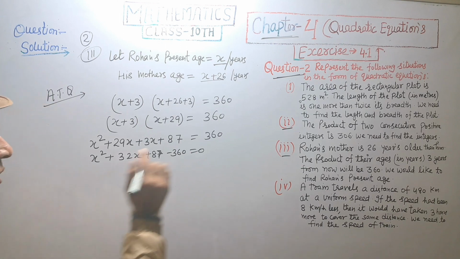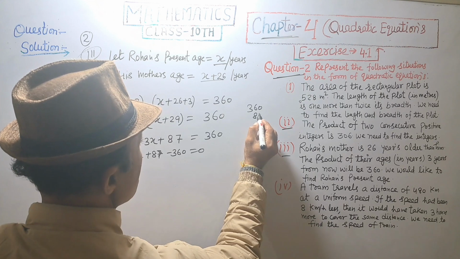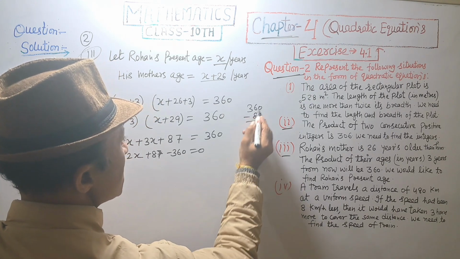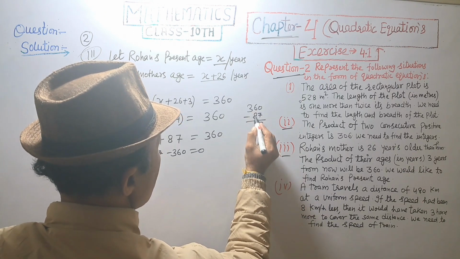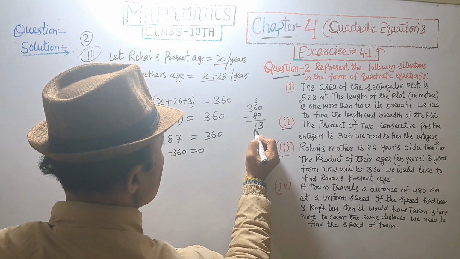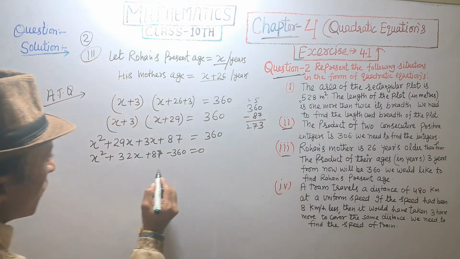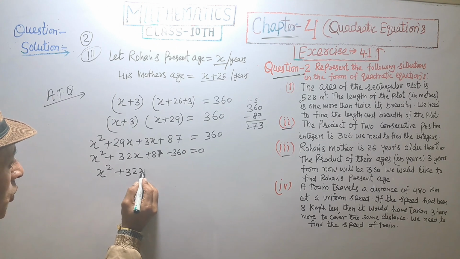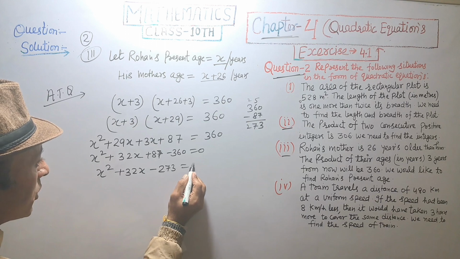We subtract 87 from 360, which gives 273. So x squared plus 32x minus 273 is equal to 0.